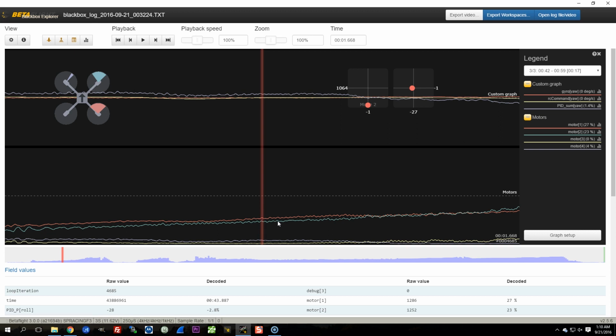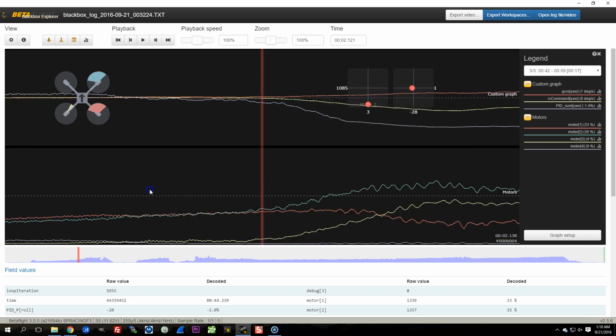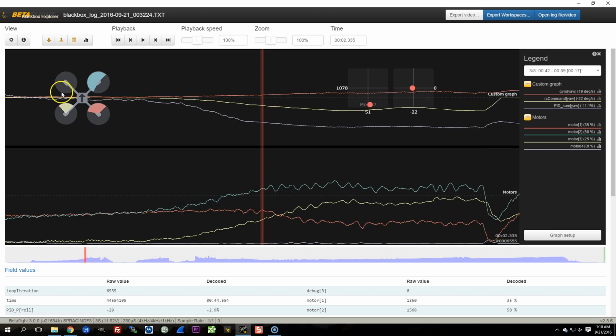But here's the kicker. Here's the kicker for me. The problem, or the symptom, if you will, is that the front left motor is not spinning up. It's not making thrust. And everything else the copter is doing is a result of that. And when we look at the PID loop, we see that that motor is at 0. The PID loop is commanding this to happen.